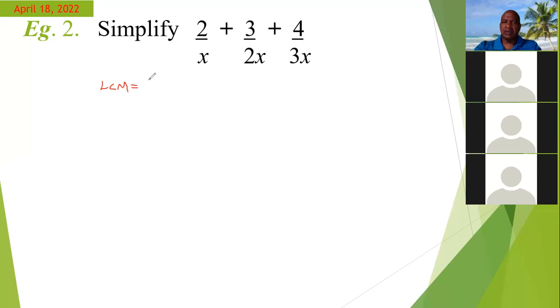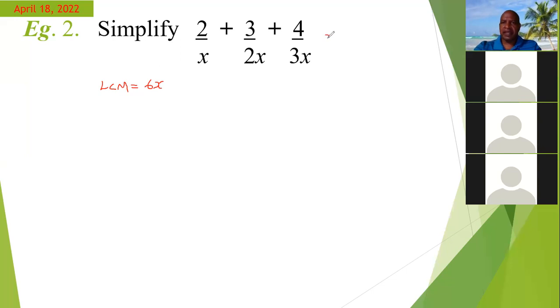So in this case, the LCM for 3 and 2 would be 6, and the LCM for x would be just x. So that's our LCM.